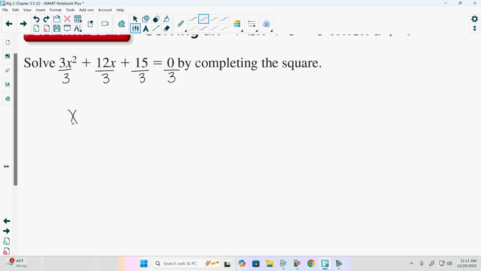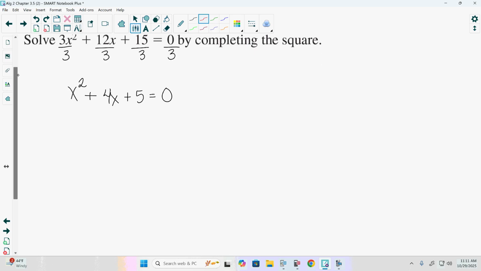Now 3x squared divided by 3 is going to be x squared plus 12x divided by 3 is 4x. 15 divided by 3 is plus 5 is equal to 0. Now with that too, a has to be positive. We're not going to be dealing with negative x squared, because that would also be something we would have to fix if it did occur. So step 1, is a equal to 1? If not, make it so. Is a now 1? The number in front of x squared is now 1. So now we can move on to step 2 like we've been doing.